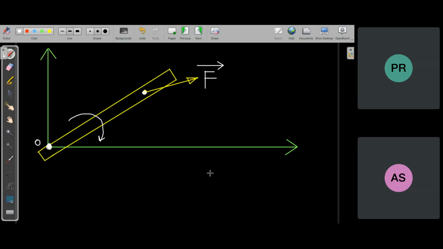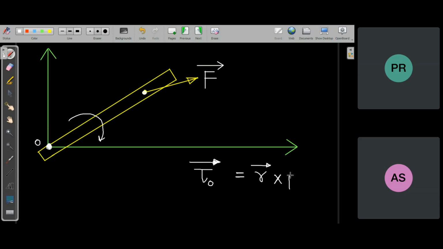Now we have to find the torque due to this force about point O. The torque about a point, not about an axis, about O, is simply called R cross F. So R vector cross F vector.